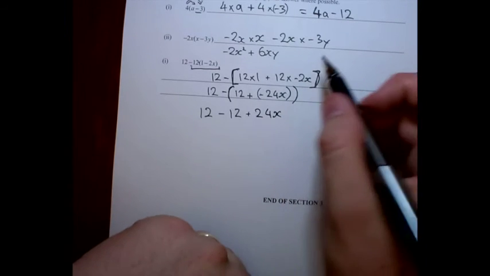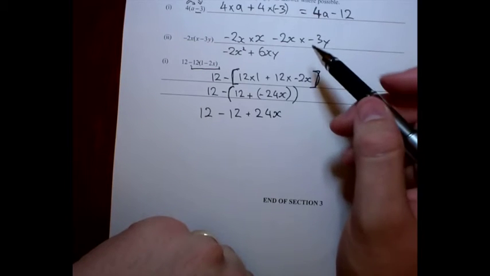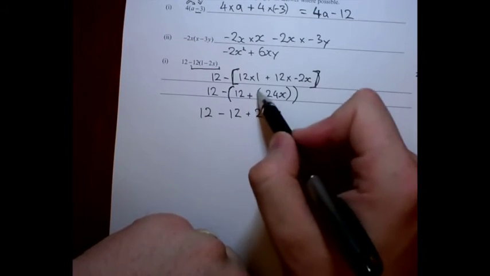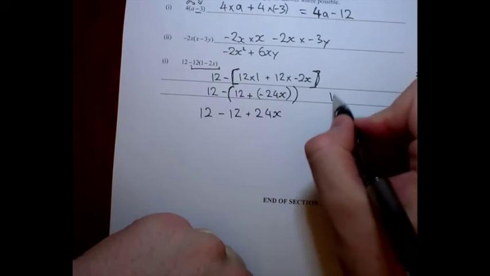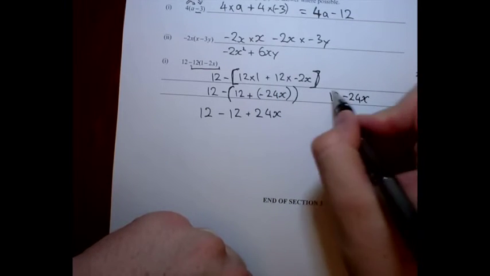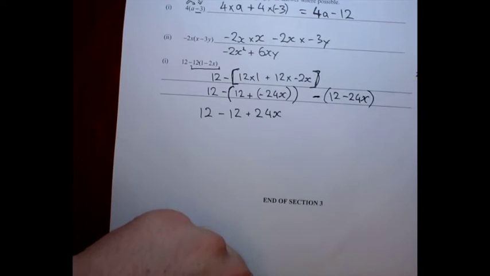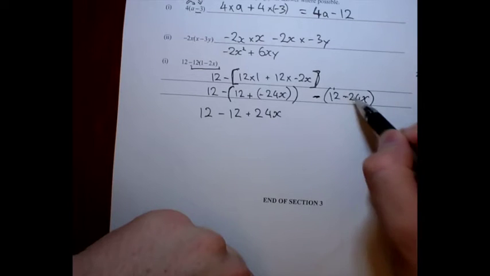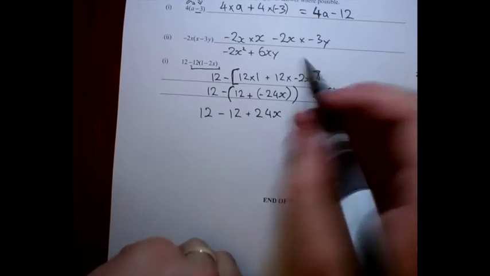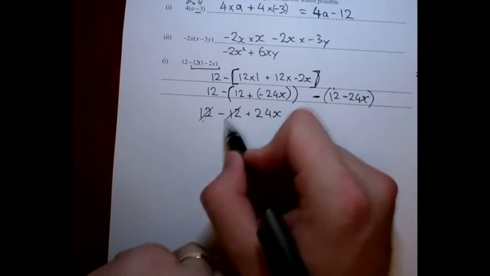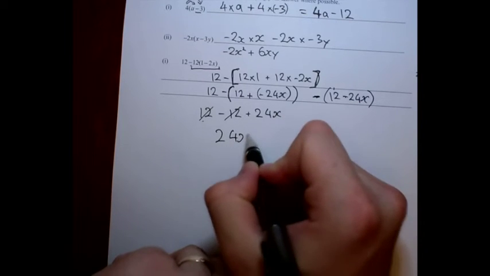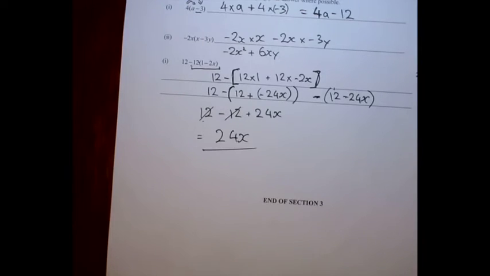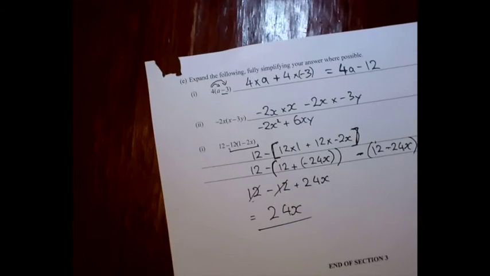Now that might have seemed confusing to you. Let me do that once again. So this was plus a minus 24x, so that was just a big minus in the middle there. Okay, it was like 12 minus 24x inside the brackets. But this minus out the front, it applies to that and to this. So the minus a minus made it a plus in the end. 12 minus 12, our answer is simply 24x. That's our final answer. Okay, that was section 3.